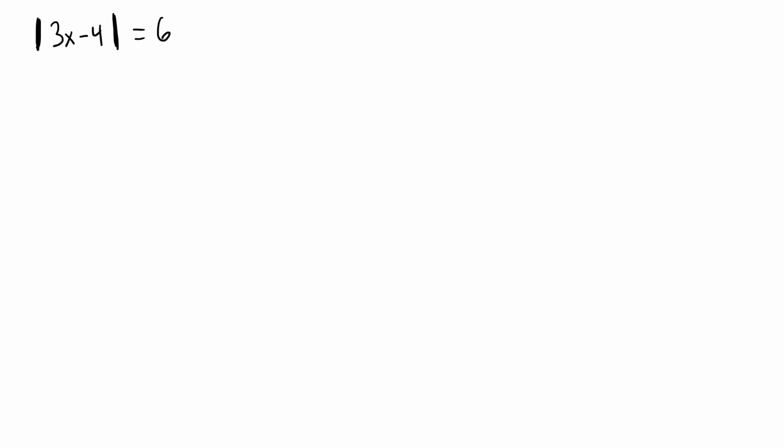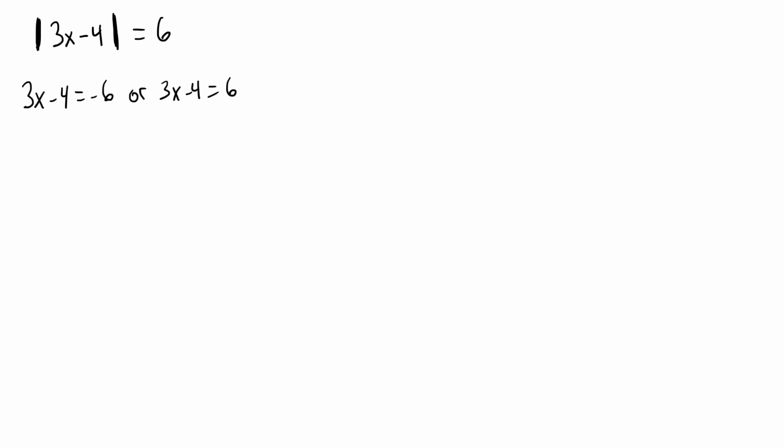So again, the process does not change. We ask ourselves what number or numbers are 6 units from 0 on the number line. Well, that would be 6 and negative 6. We let 3x minus 4 equal negative 6, or we let 3x minus 4 equal positive 6.